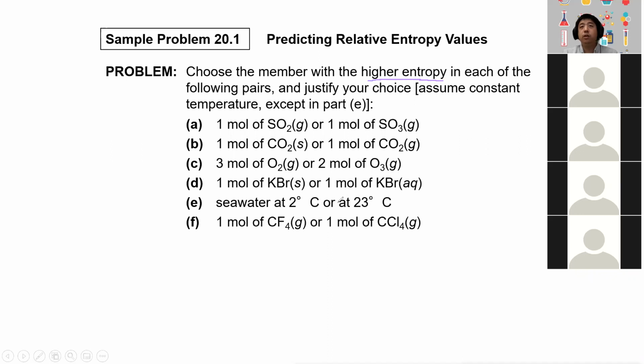And we're going to assume that these all have constant temperatures with the exception of E because they're giving you a different temperature. So temperature is not changing in any of these except for this one right here. So I'll give you a few seconds to look through it.